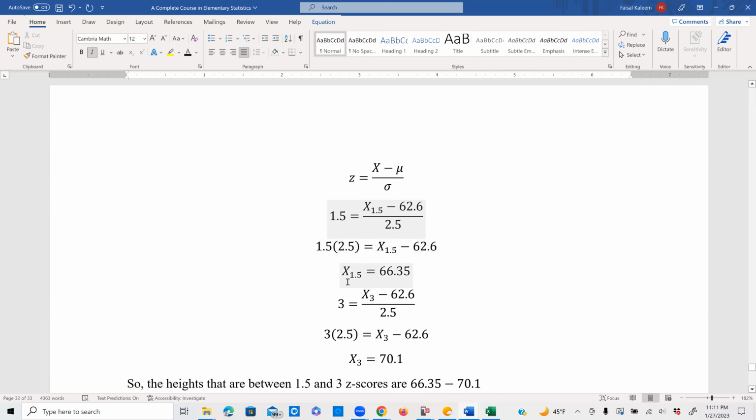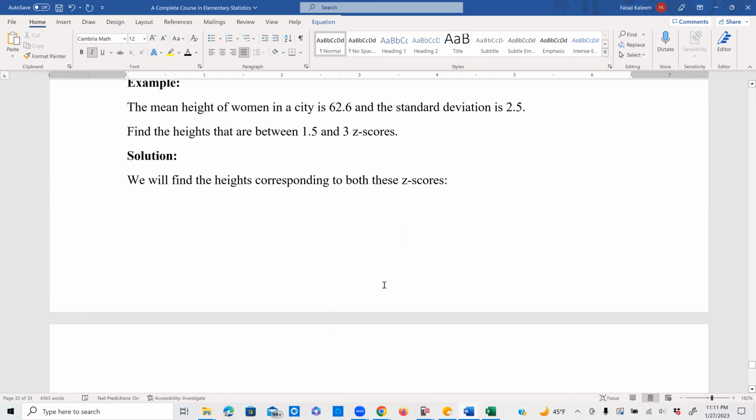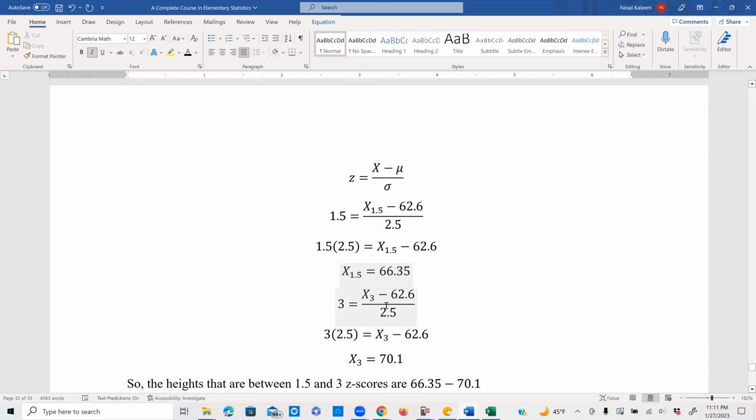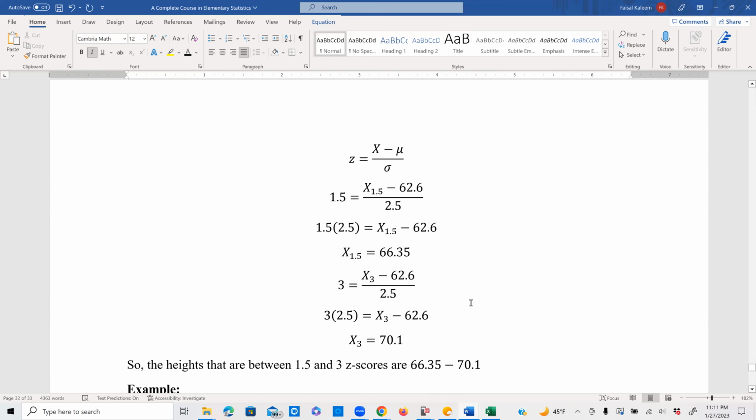That's the height corresponding to a z-score of 1.5. Then we need the height corresponding to the second z-score, which was 3. So 3 is equal to x3 minus 62.6 over 2.5, where 62.6 was the mean and 2.5 was the standard deviation.